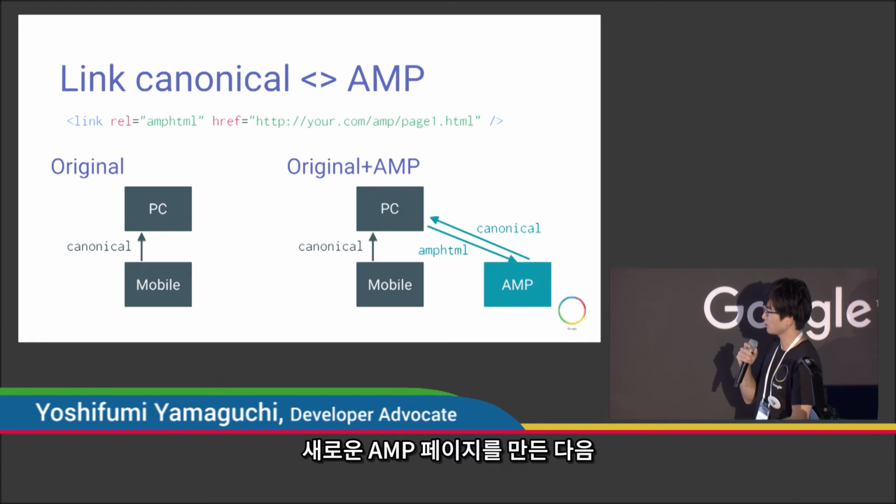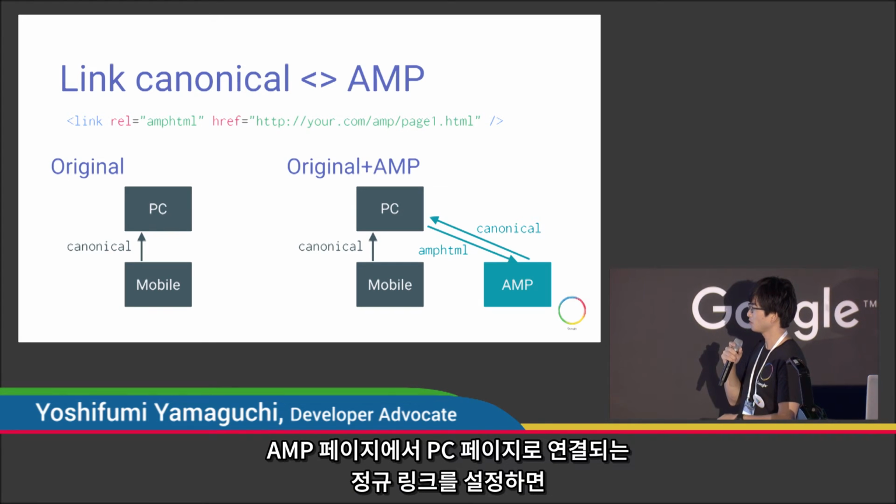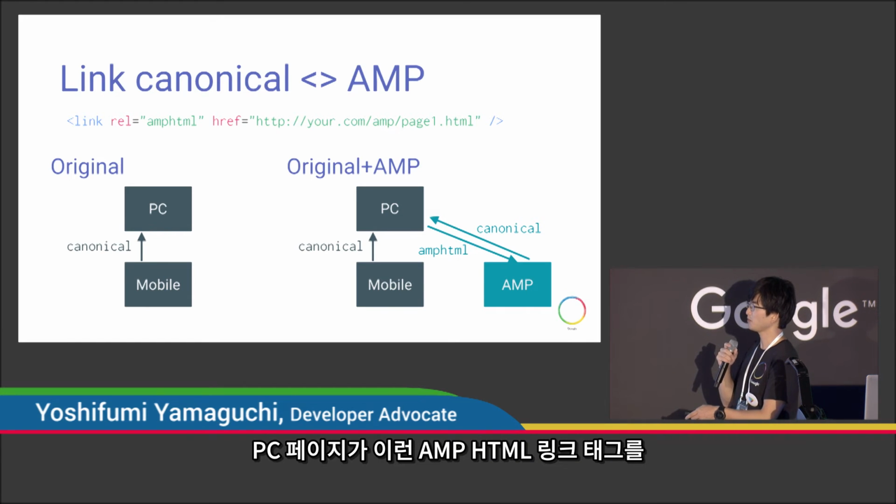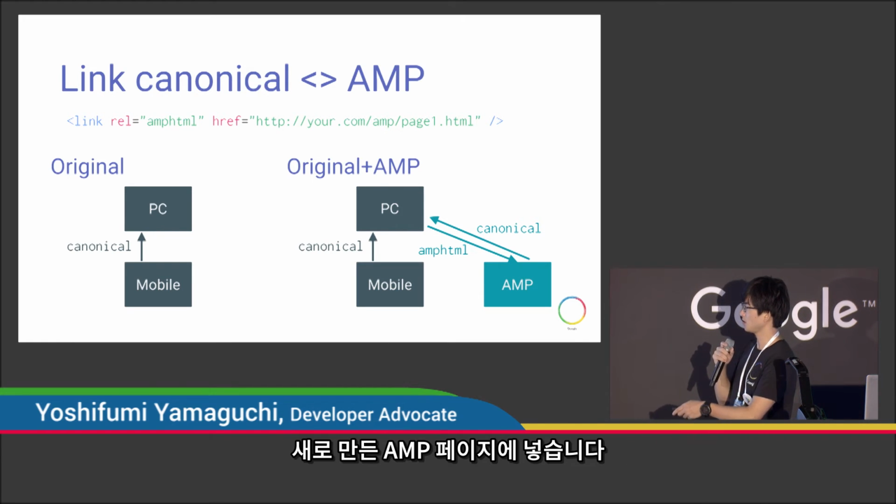So you created the new AMP pages, and then you put the canonical link header from the AMP to the PC page, and the PC page puts the AMP HTML link tag like this to the created AMP pages.